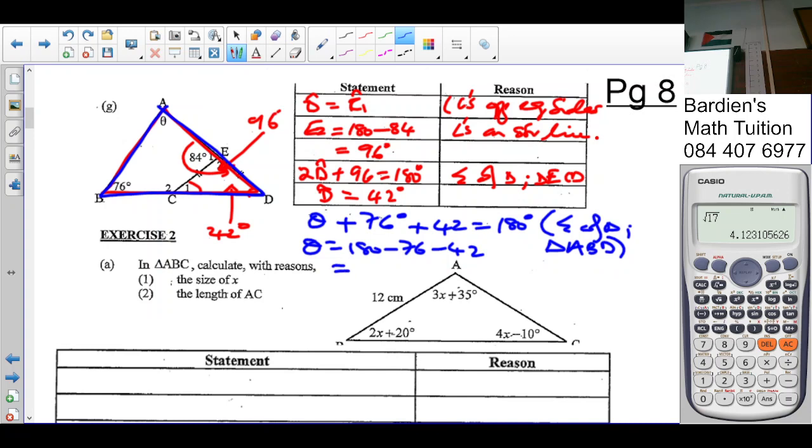Is that correct? No. Okay, let's check. It's 180 minus 76, that is 104. 104 minus 42 is 62.